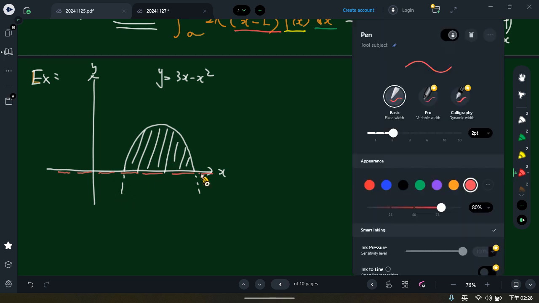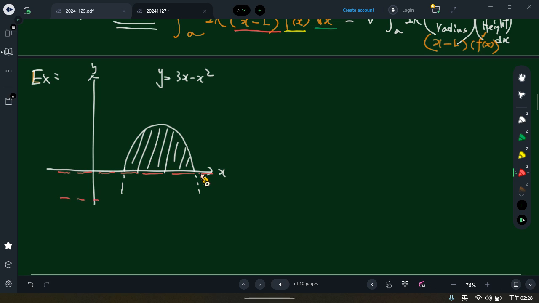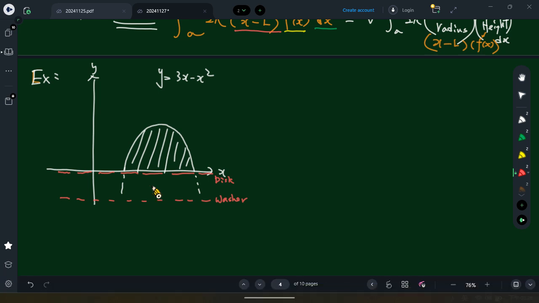If the rotation axis is here, this is the disk method, this is the washer method, right? Using the outer one, subtract the inner one. But right now, they request us to do the rotation axis here, x equals minus 1. And for this one, we will use the shell method.